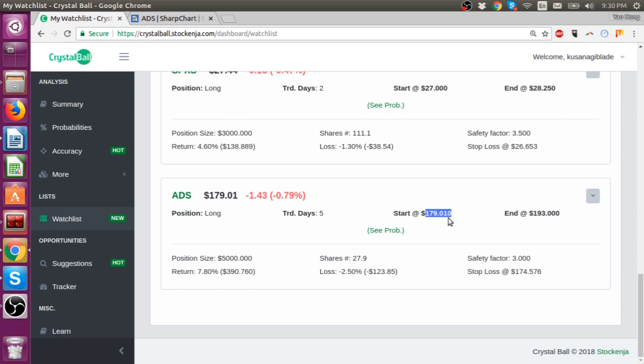Once the order is filled, I'll set a stop loss of 174.57, or I can update this to reflect the actual price that I bought the stock at, so that the stop loss is automatically updated later on. So that's how I usually put in a trade these days to manage my risk. And it's great for the volatile environment.